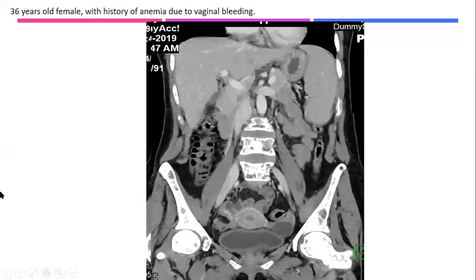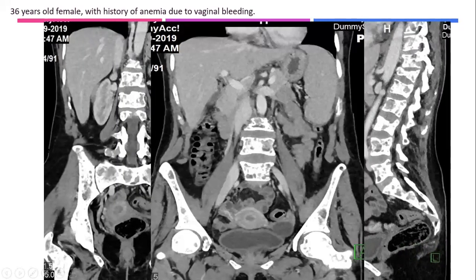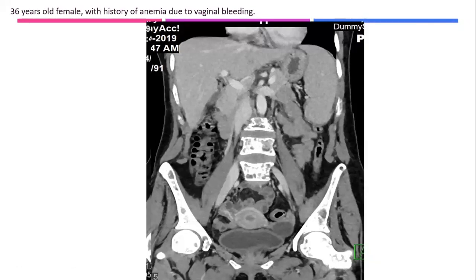This patient is 36 years old, having vaginal bleeding. They have done a CT chest and abdomen for her, looking for the cause of vaginal bleeding. And this is the CT abdomen.